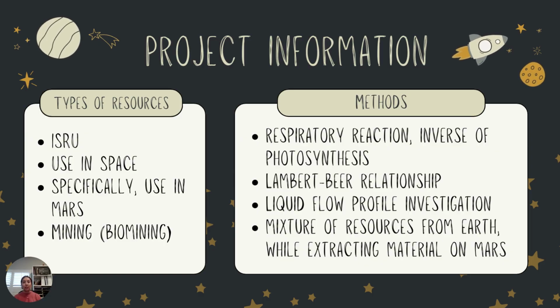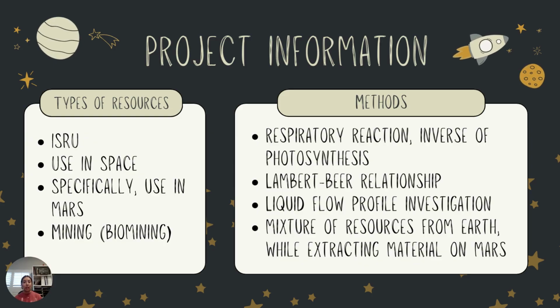But moving on to the methods. So the first two here are relationships that are meant to derive and explain how the algae and the biomass would actually grow with the intake of the Martian regolith. I'll go into a little more information on how the system actually works in one slide, but the important bit here is that we've got Martian regolith that will be mixing with this algae in order to create an extraction of ferrous materials that are going to be found inside of the Martian regolith, and then to also create this lasting biomass.